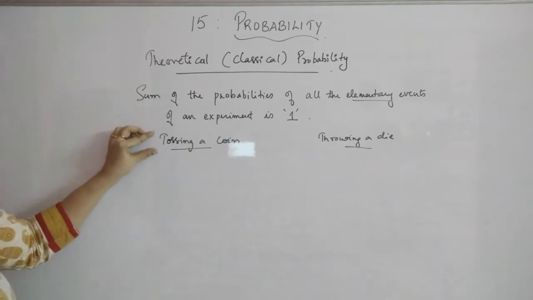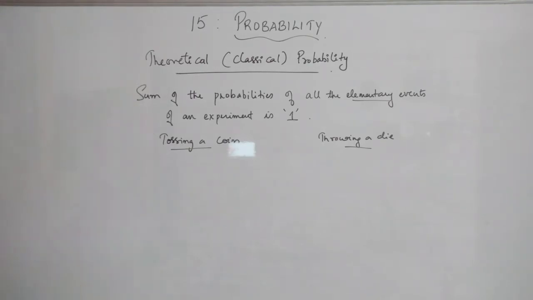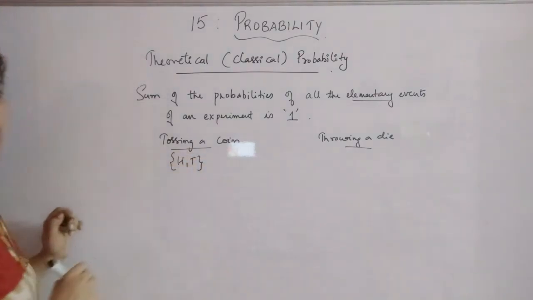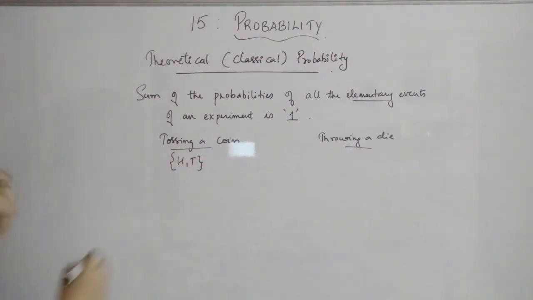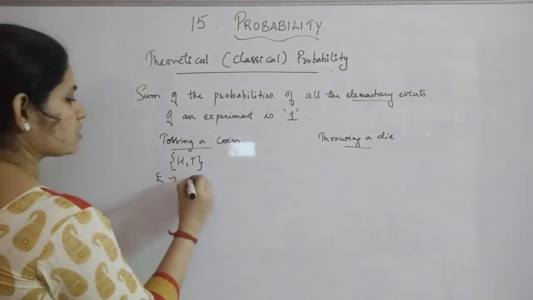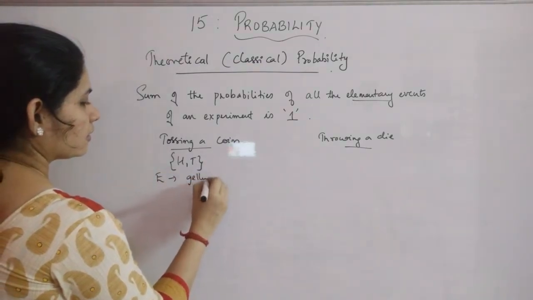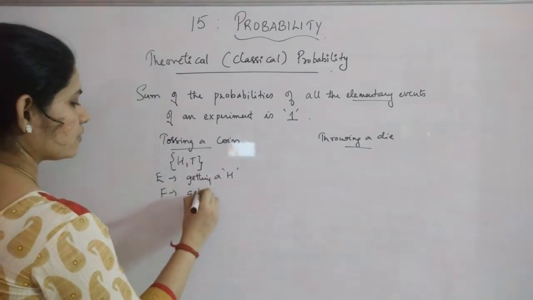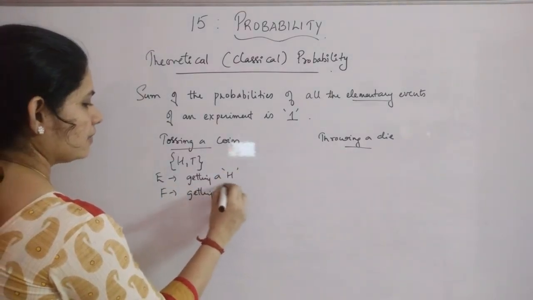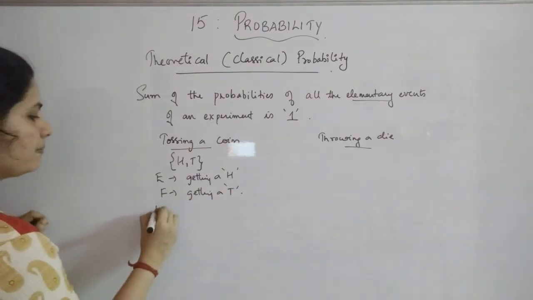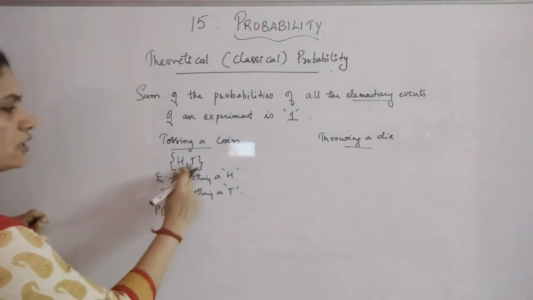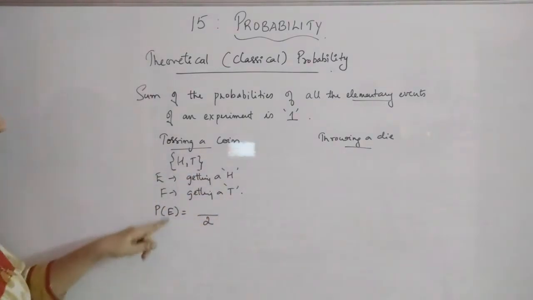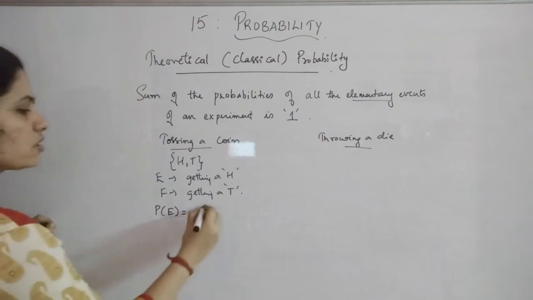If I am taking tossing a coin as an experiment, I will have two outcomes, which are H and T, head and tail. Now if I am taking E as the event of getting a head and F as the event of getting a tail, then P of E will be, again you have two outcomes in total, which will be in the denominator, and getting a head is 1, so it is 1 by 2.